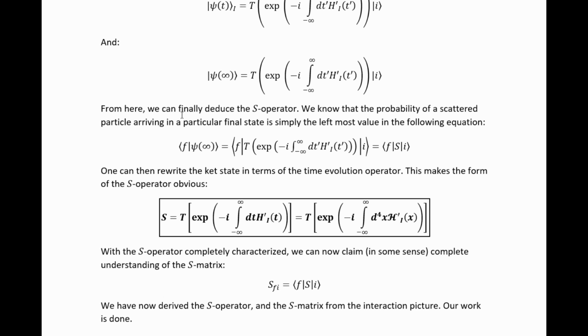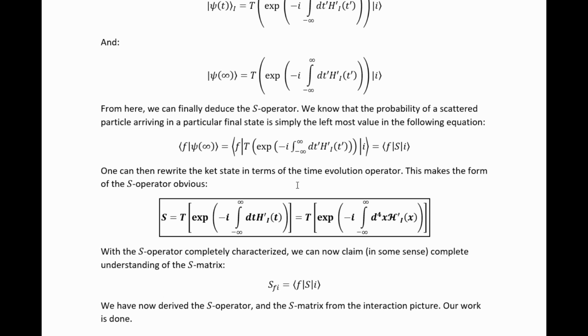We know that the probability of a scattering particle arriving in a particular final state is simply the leftmost value in the following equation. I explained above that if we take the initial state, time evolved all the way to infinity, we end up with a superposition of possible states, and if we want to see the probability amplitude of a particular final output state, we just take the inner product of that particular final eigenstate with the infinitely time evolved input state.